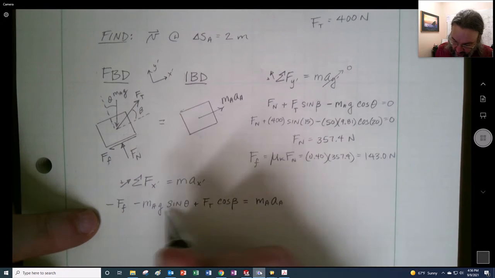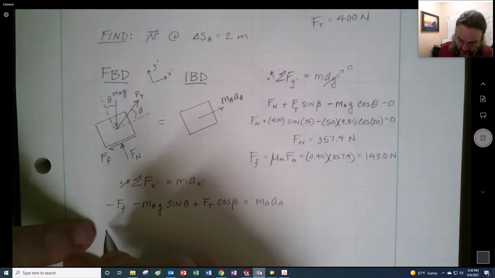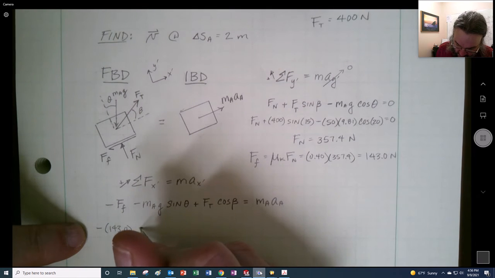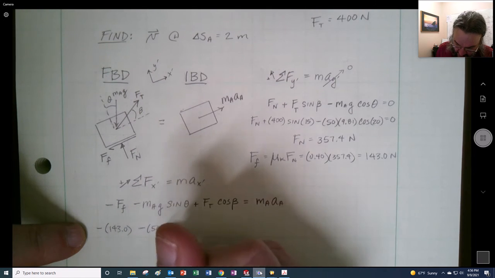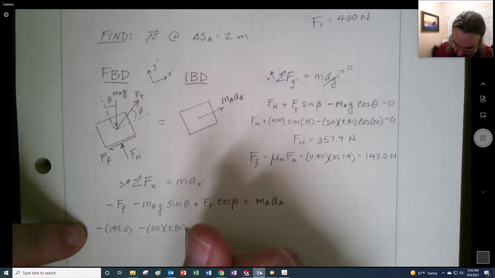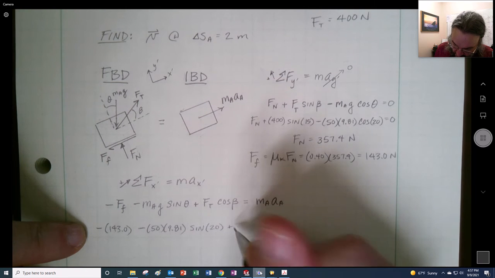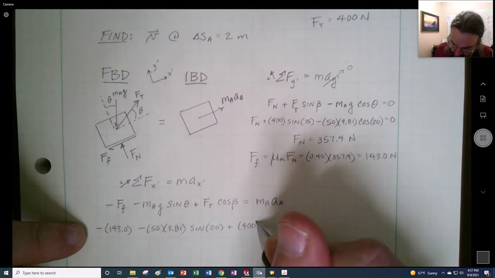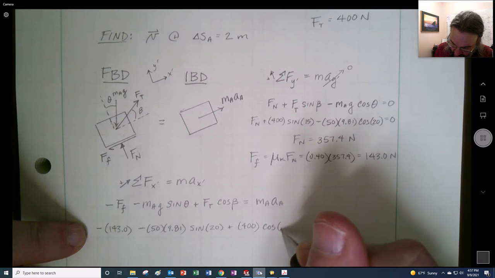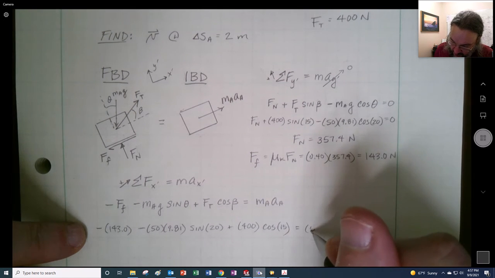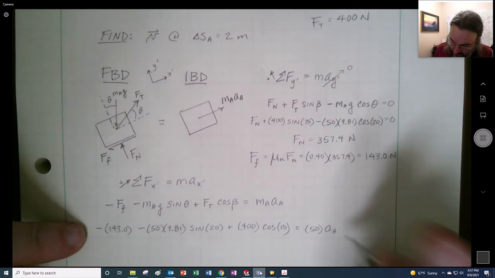We know everything except for the acceleration a, so we can just find it. So we'll say that it's a negative 143.0 minus my 50 times 9.81 sine of 20 degrees plus 400 times the cosine of 15 degrees equal to 50 times the acceleration of a.